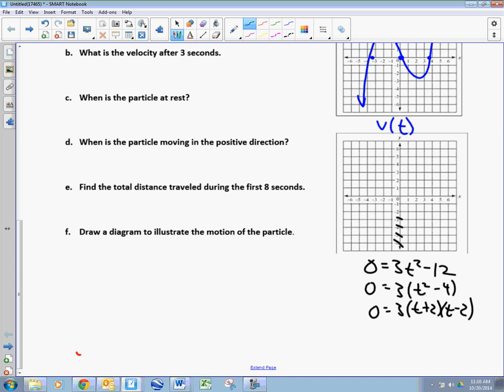I'll change my tick marks here so that I have -2, -4, -6, -8, -10, -12. That way I can see it better on the graph. So I'm going to plot -2 and +2, and this thing dips all the way down to -12, which is my velocity function.